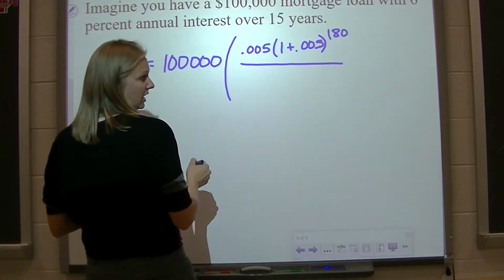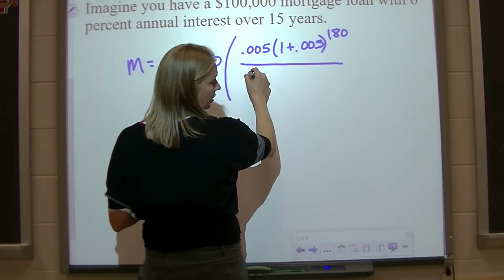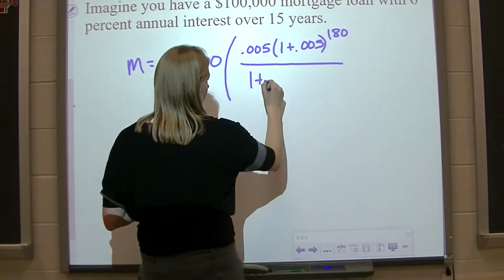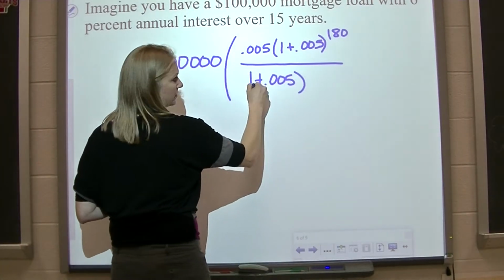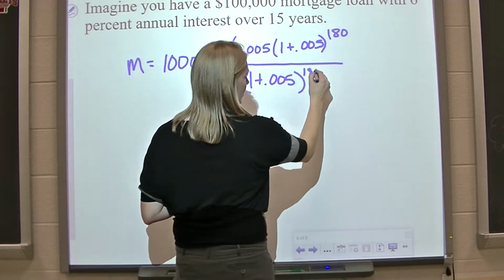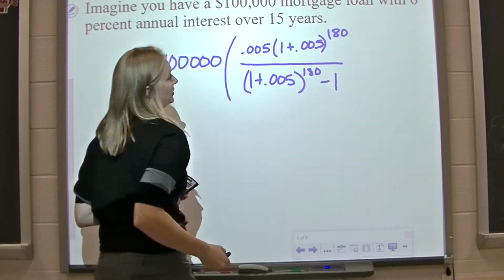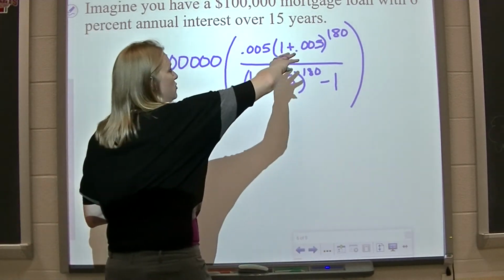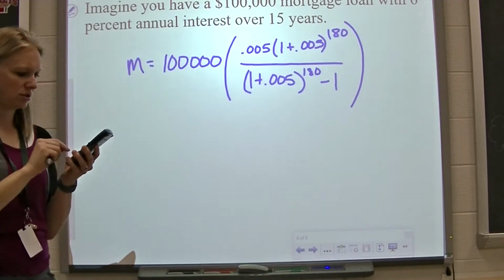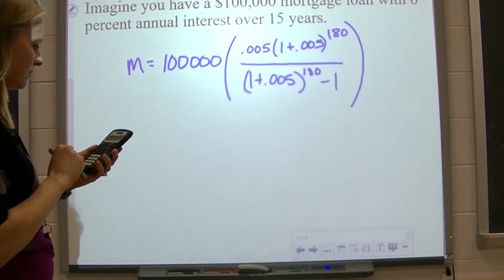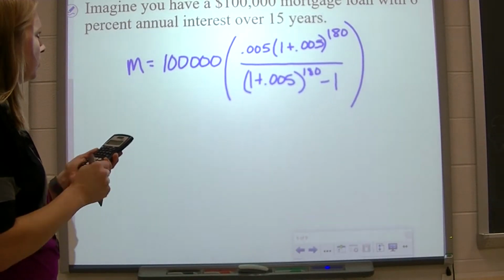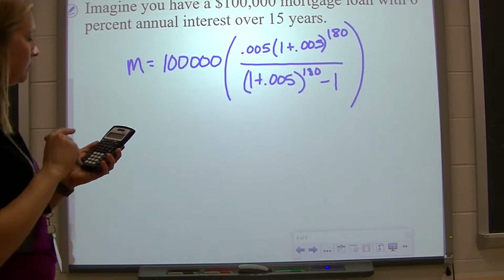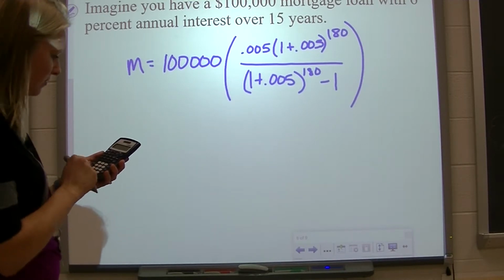And then divide that by 1 plus 0.005 to the nth power minus 1. I can simplify that, just like we did with the car loan, by simplifying the numerator first. So we're going to do 1 plus 0.005, raise that to the power of 180, and then multiply that by 0.005.